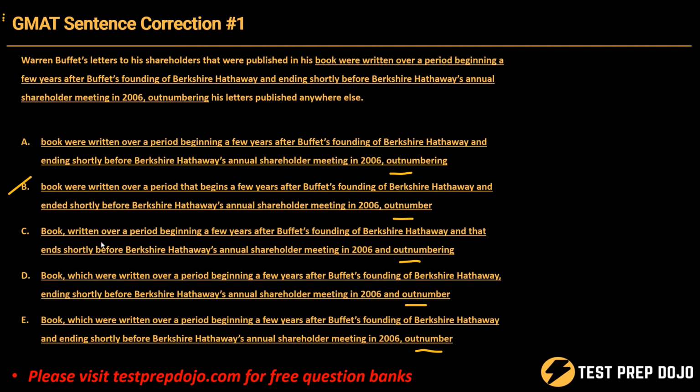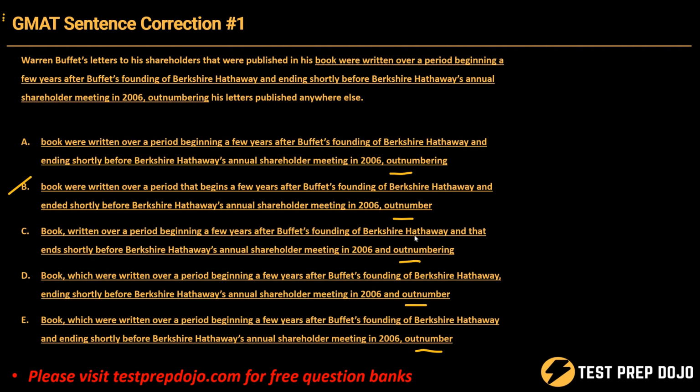So at least in this context, these could all be reasonable. What we're actually going to see here is Warren Buffett's letters to his shareholders that were published in his book. So that's our subject, and then we have a modifier, which were written. It's providing more information about the preceding noun. But the issue here is the modifier doesn't end. It goes to the end of the sentence.